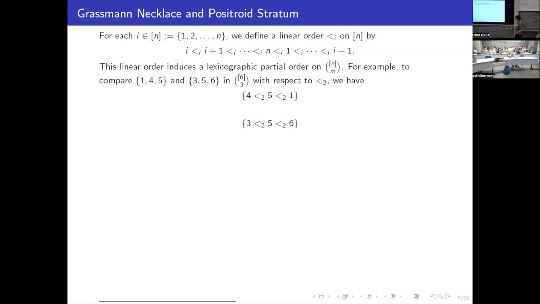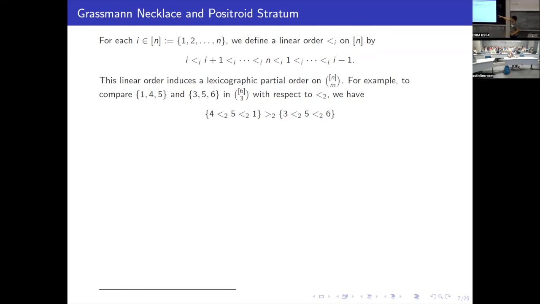You first order the things inside each set, and then you compare the things that are in the same slot. So you see that 4 is greater than 3, 5 is equal to 5, and 1 is greater than 6. So it tells you that the set {4,5,1} is greater than the set {3,5,6}. Okay, so it's a partial order. For any two sets, you may not be able to compare them, but if you do, you get a partial order.